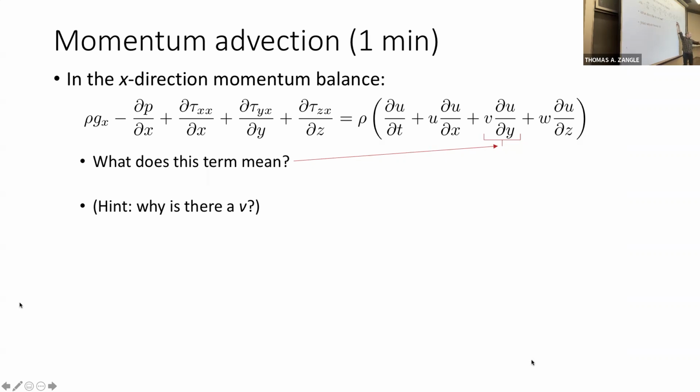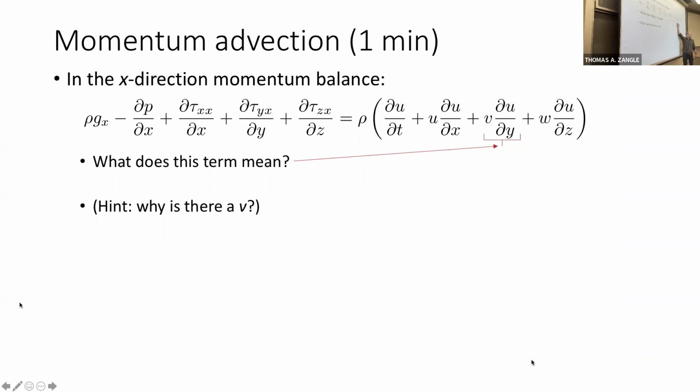I'm going to flip it around a little bit. It is the y velocity advecting x momentum. This is the y velocity changing the x momentum within the control volume. And this has to do with the net amount of x momentum that's being carried into and out of the control volume across the y faces.